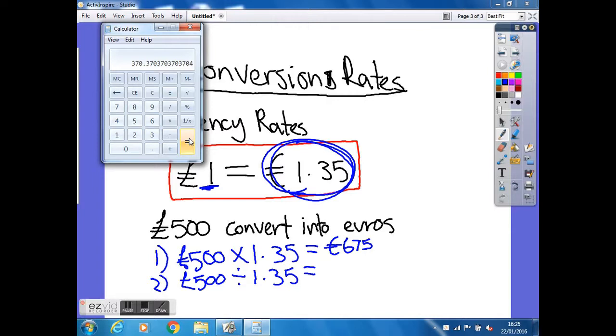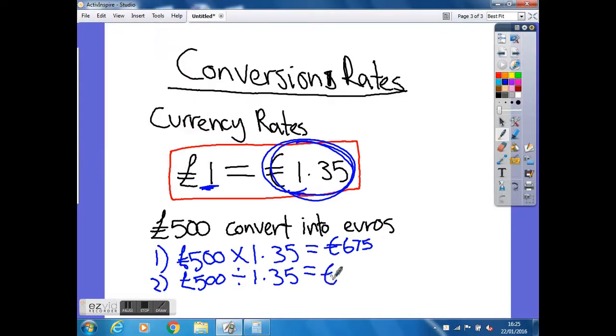That gives us quite a long and nasty number, but when you get a number like that, it's always worth rounding it to 2 decimal places, especially when you're looking at money, because that'll work out as euros and cents or pounds and pence. So we can round that to 370.37 euros.